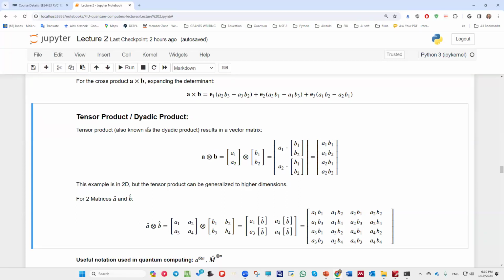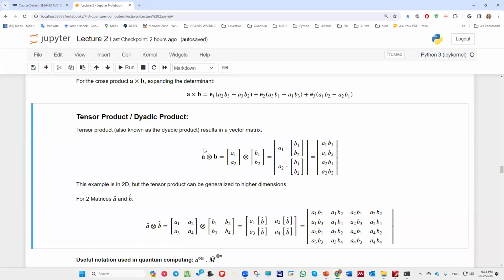And finally, the final type of product we will need is the so-called tensor product. Another way to call this is the dyadic product, but there is a difference between tensor and dyadic. So in contrast to the inner product, which creates a scalar, and the cross product, which creates a vector, the tensor product creates a tensor from two vectors.